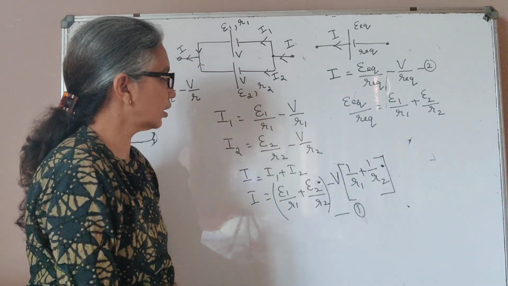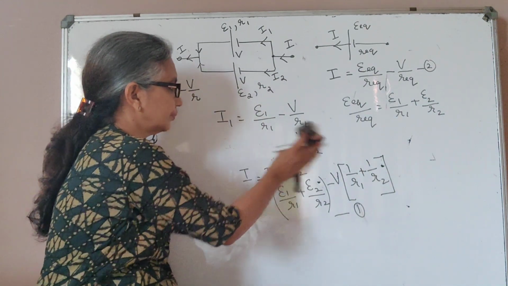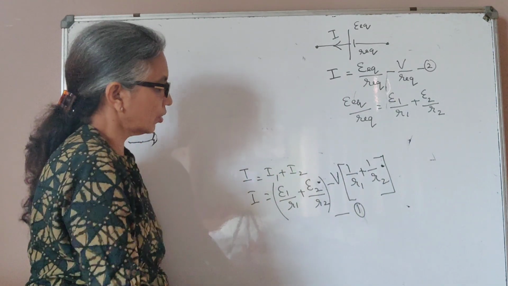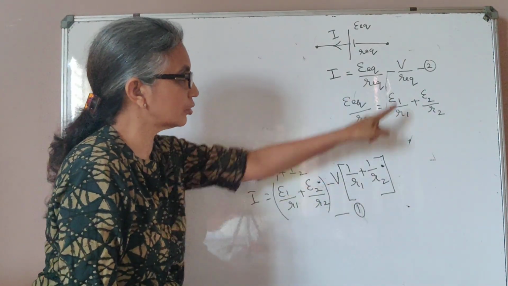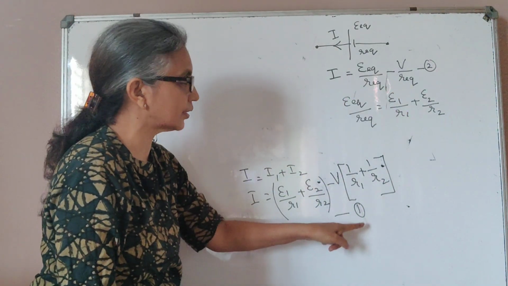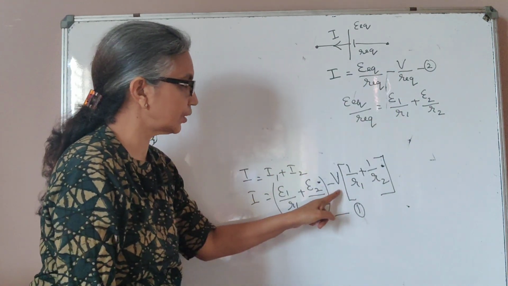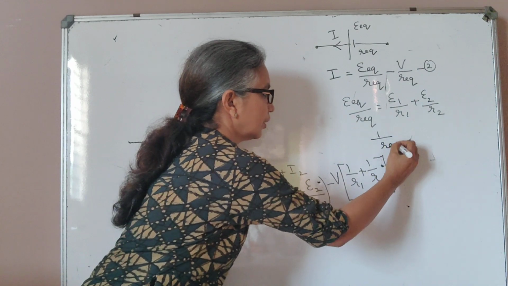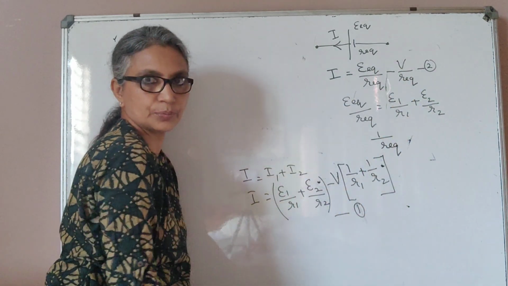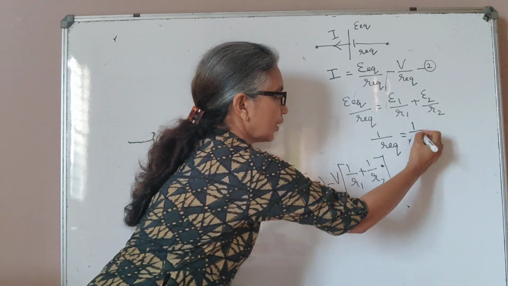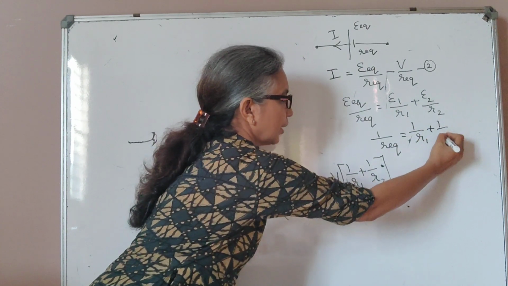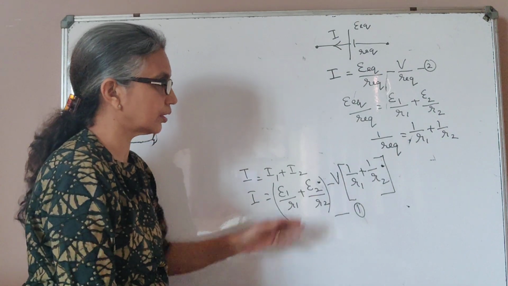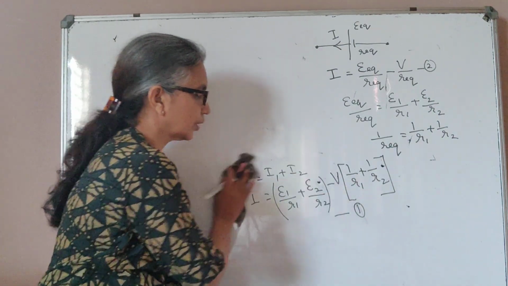Now also when I compare equation 1 to 2, on the right here, the second term, minus V is common. So I can write this 1 by R equivalent, I am not writing the minus V, it's common to both, should be equal to 1 by R1 plus 1 by R2 from equation 1 and 2. Comparing these two equations, I got these two.